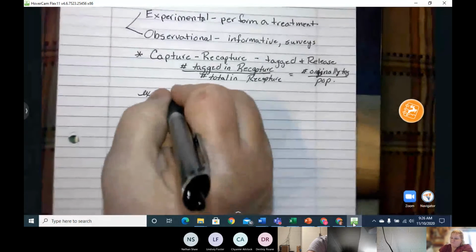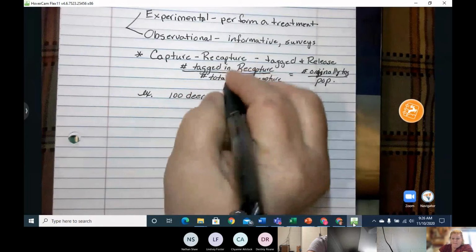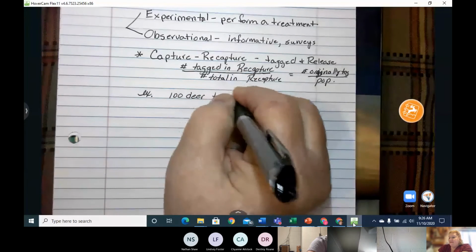So let's look at an example problem. We have 100 deer that we tag and release.